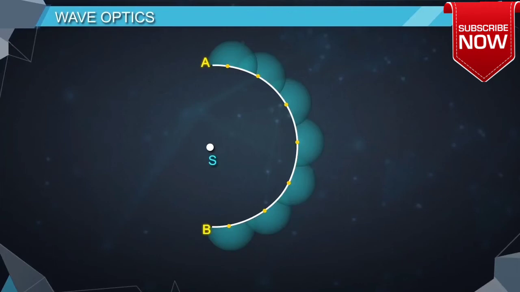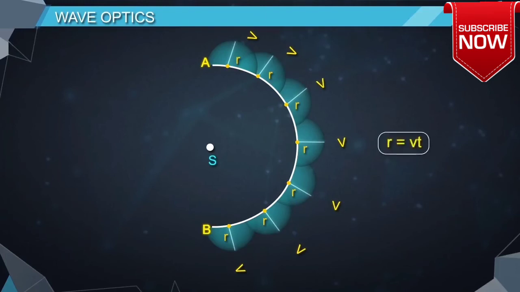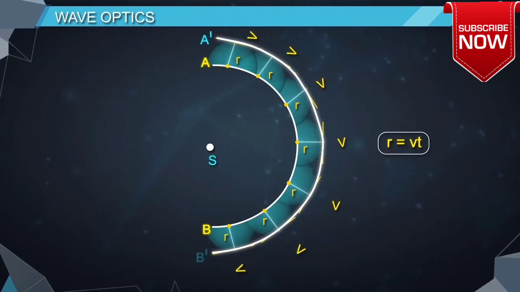If we assume that the medium is isotropic, then the velocity of wavelets will be same in all directions. The radius of secondary wavelets is given by r equals v times t. Now, if we draw a tangent to all these waves, we will get the position of the new wavefront a dash b dash.